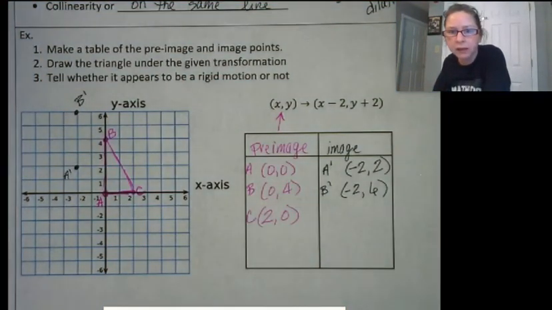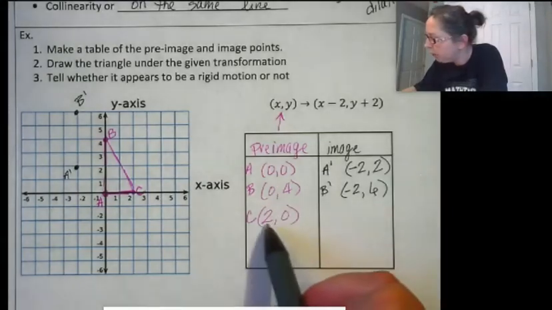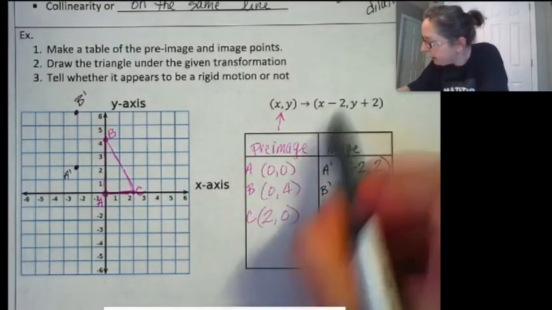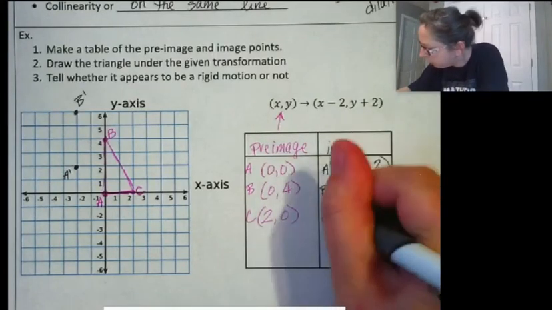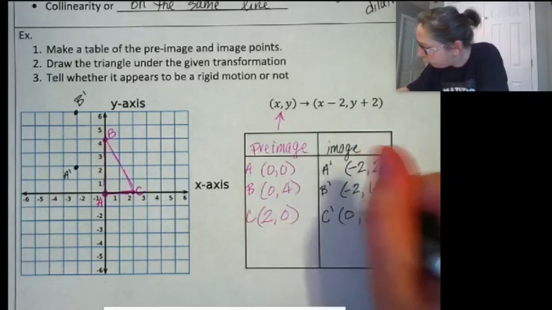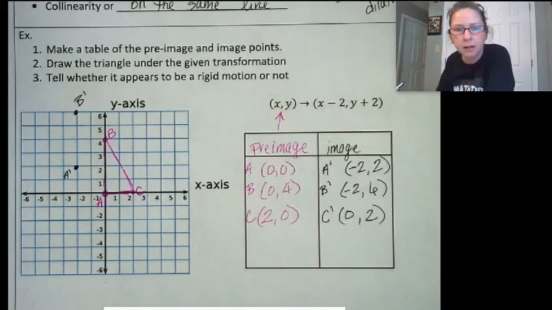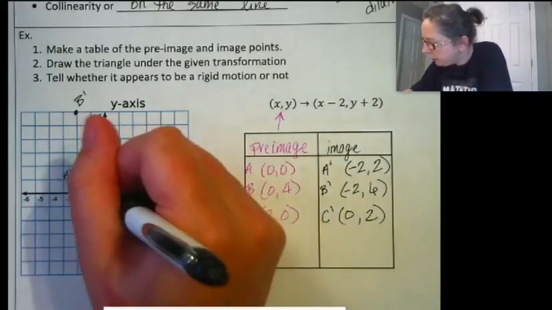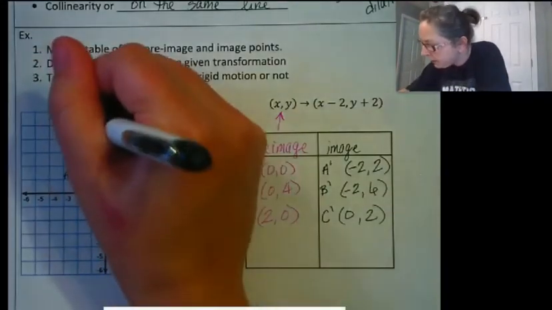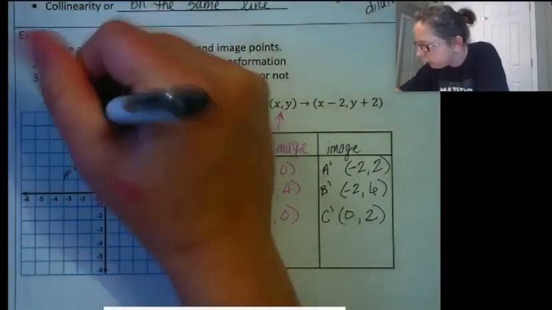Finally, I'm going to do C. So my C prime, 2 minus 2 is 0. 0 plus 2 is 2. And now I'm going to plot that image point, 0, up 2. And I'm going to connect these points.